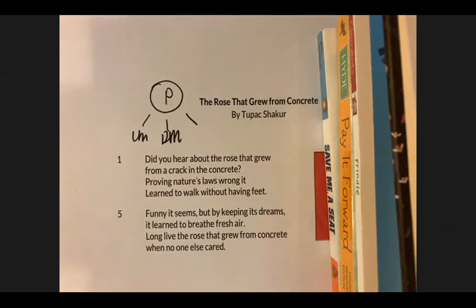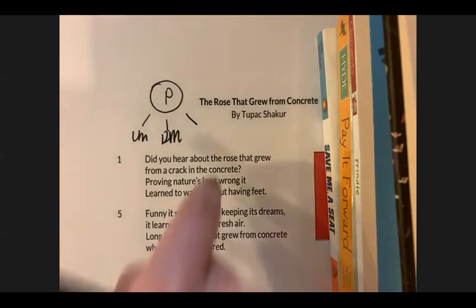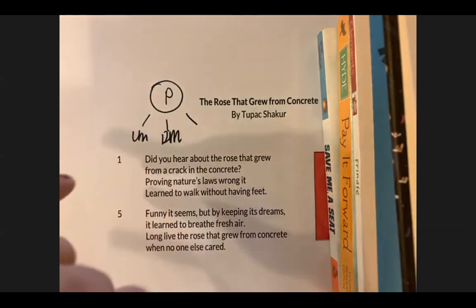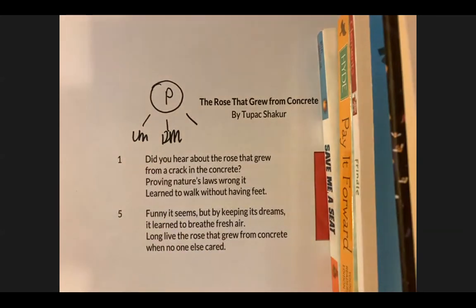So let's jump in. We're going to read the first stanza again, and I want you to write down what is literally happening in this poem. Did you hear about the rose that grew from a crack in the concrete, proving nature's laws wrong? It learned to walk without having feet. Stop and jot 10 seconds. What's literally happening here?